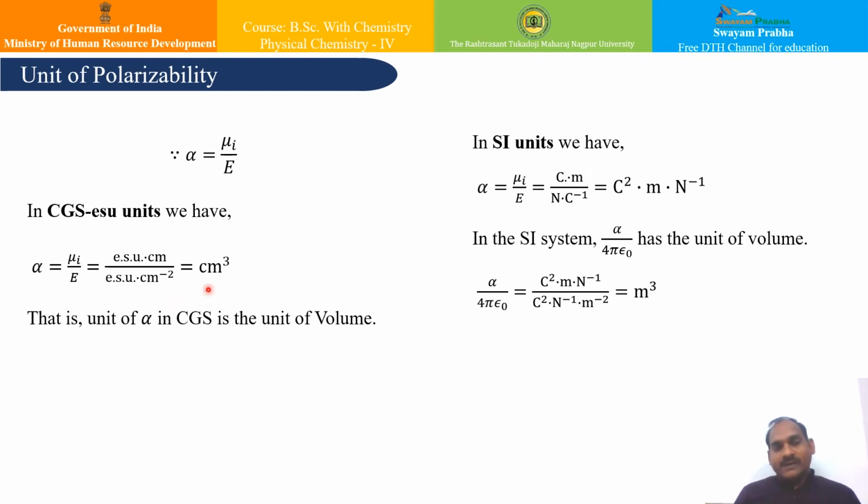So it becomes centimeter cube. So you can see that the unit of polarizability in the CGS system is nothing but the unit of volume.